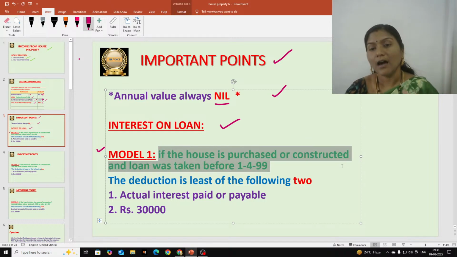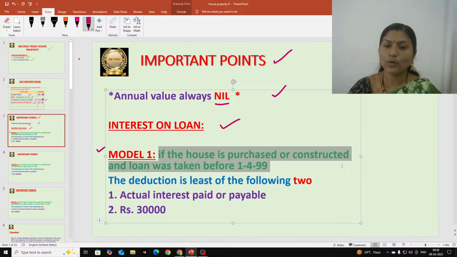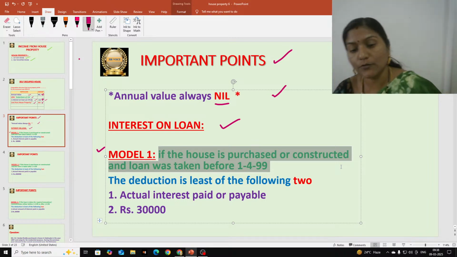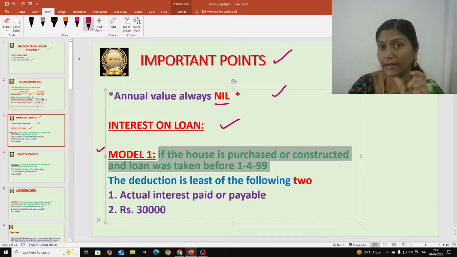Here the house was purchased or constructed by the assessee, and he took a loan. The date on which he took the loan is very, very important. That is 1-4-99. He took the loan before 1-4-99, for the purpose of purchasing or constructing the house.